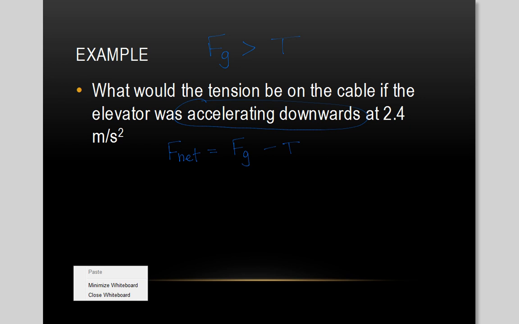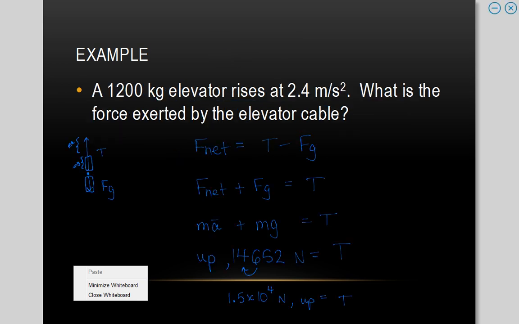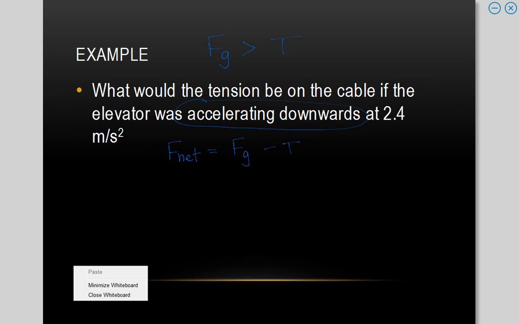It must be the same question as before, the same information. 1200 kilograms. So for ma, we have 1200 kilograms at 2.4. And what's Fg? mg. Actually, before we punch in numbers, I want to do it the same as I did on the last one, so I can explain this to you.